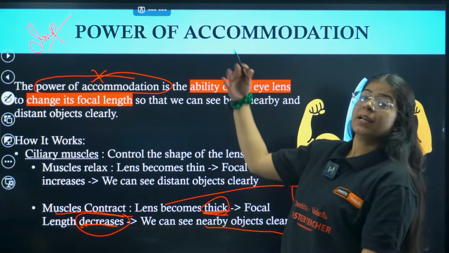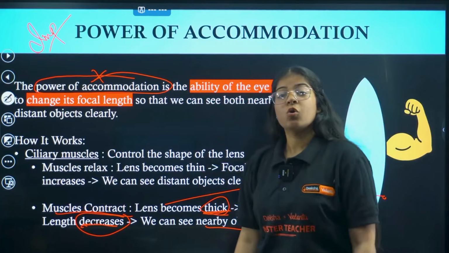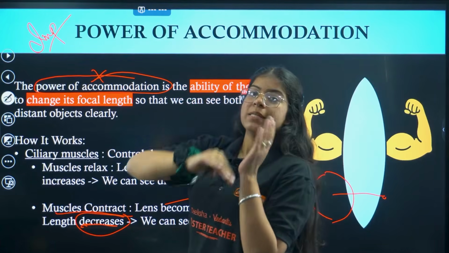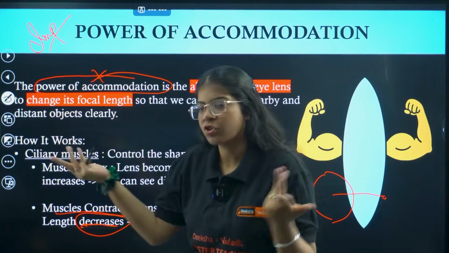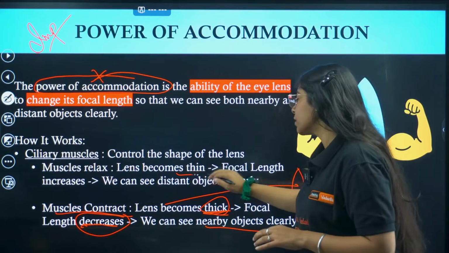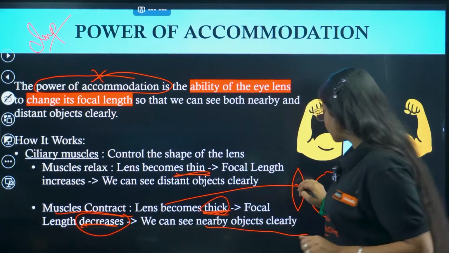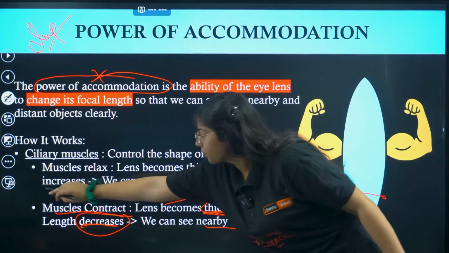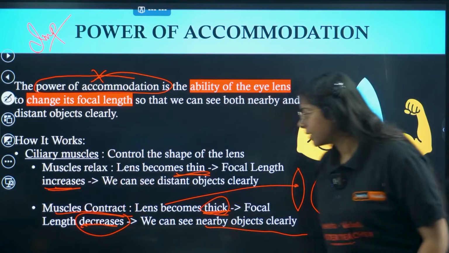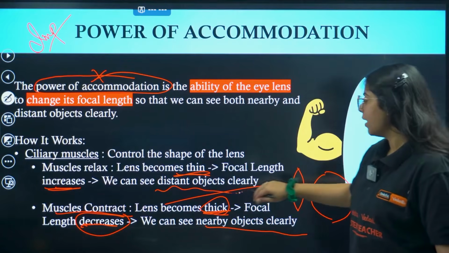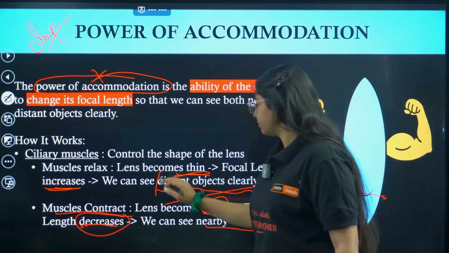If the muscles relax, there is nothing to compress the lens, so the lens will get stretched. So the lens becomes thin. If the lens becomes thin, the focal length increases, and thus we can see distant objects clearly.